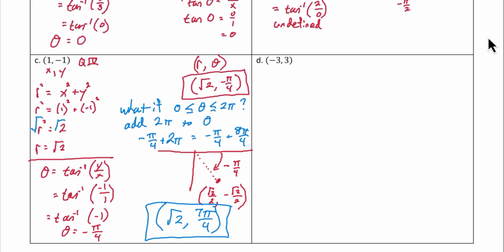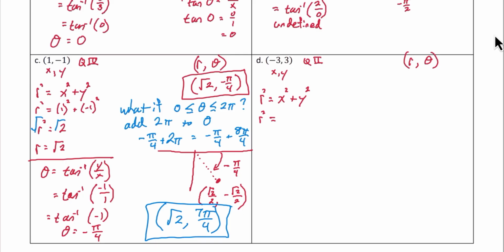In our last example, we have, again, x, y coordinates. Our goal is to find the same thing in the polar world. Let's recognize where that is. That is in quadrant 2. Just make a note that that point, -3, 3, is in Q2. And we'll start by finding r squared.